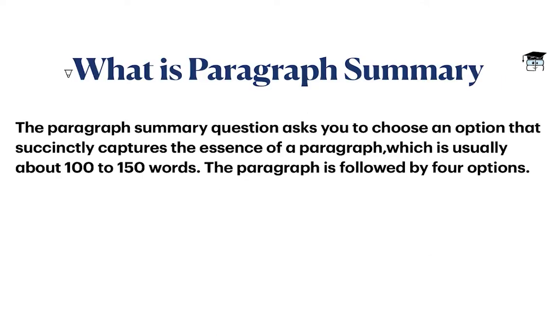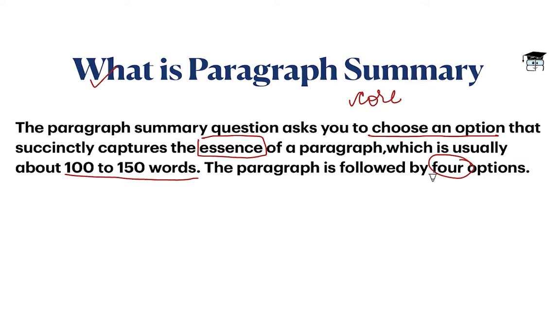Alright students, now let us jump on to the core meaning of paragraph summary. What is paragraph summary? The paragraph summary question asks you to choose an option that succinctly captures the essence of the paragraph, which is usually about 100 to 150 words. The paragraph is followed by 4 options.